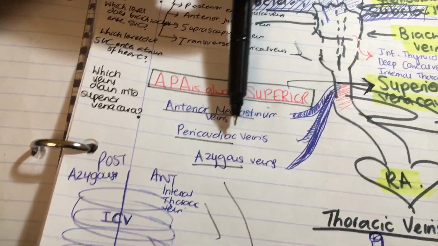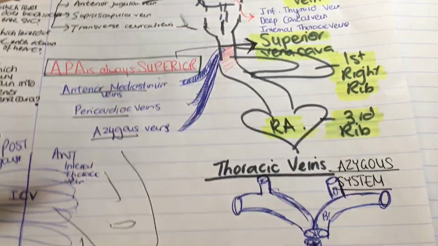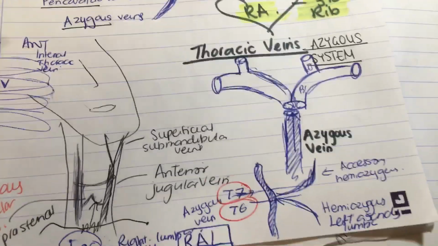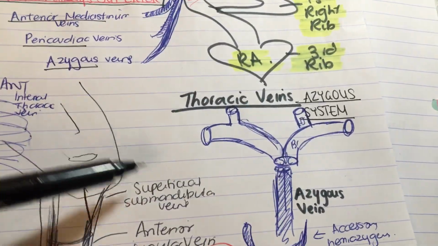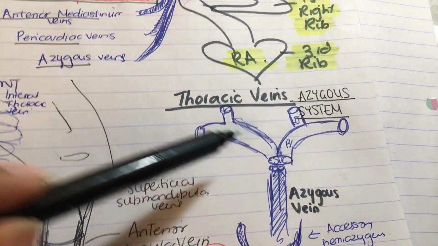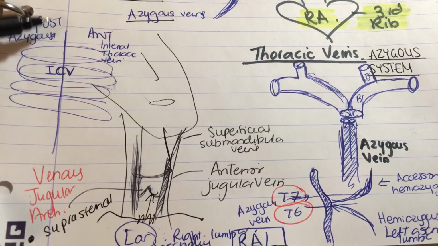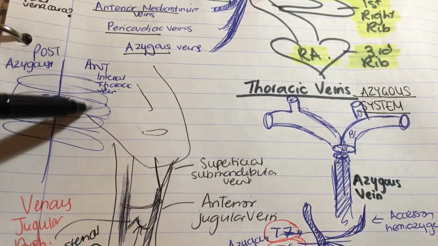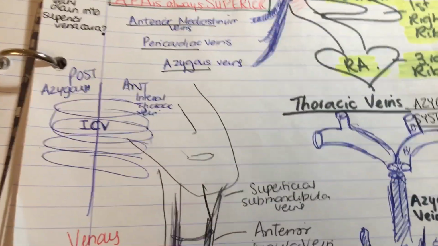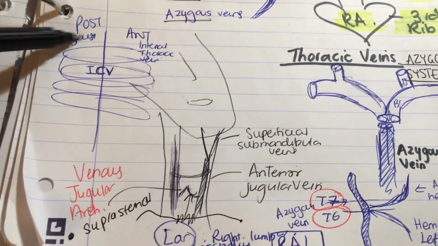The azygous vein is the venous system of the thoracic cavity. Just to quickly explain, the thoracic veins are divided into the intercostal veins and the azygous veins. If the intercostal veins are posterior, supplying the back, it's going to be the posterior azygous system.